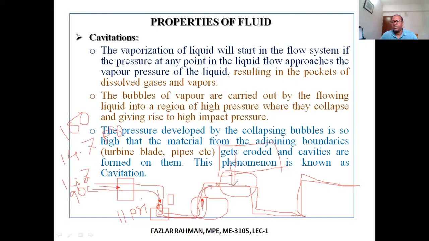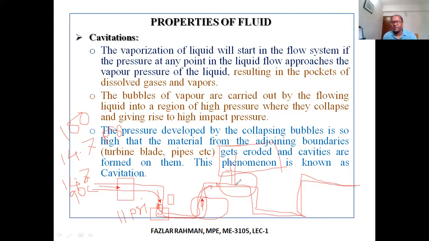It will not create any bubble. But when this bubble from here comes over here, then the bubble will collapse. Inside the bubble it has liquid vapor, right? That vapor explodes. And immediately in this region, pressure will increase again and the bubble will collapse. Due to the collapse of the bubble, pressure is increased. So this phenomenon, this fact, is called cavitation.